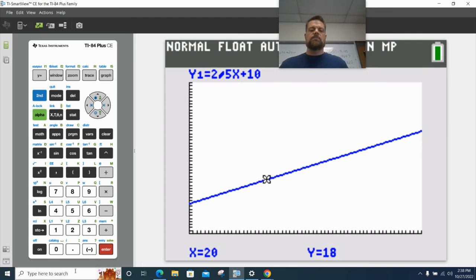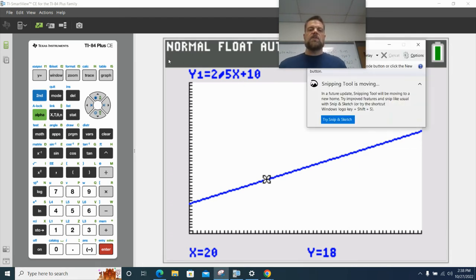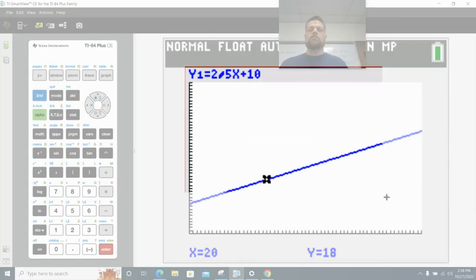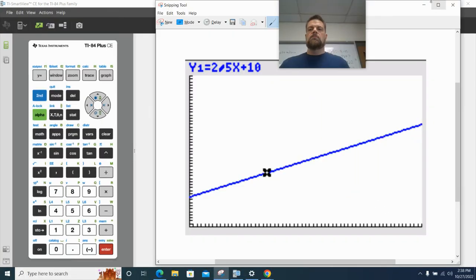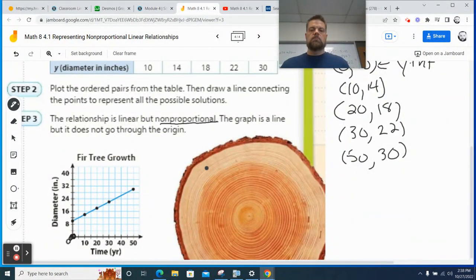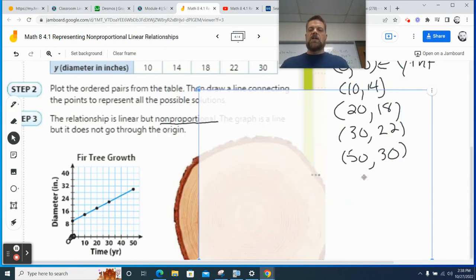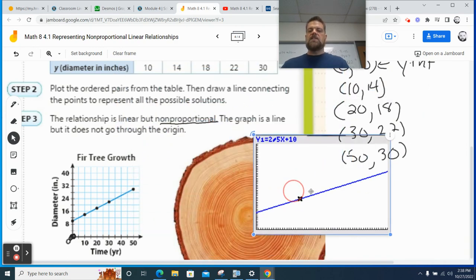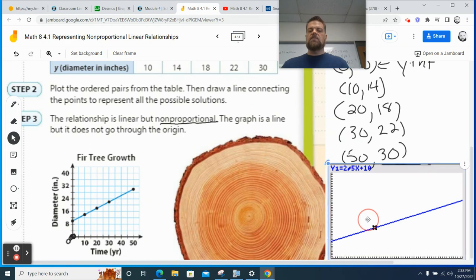Let me take a screenshot of this so we can see what this looks like. And it matches up perfectly. We said that at 20 years it'd be 18, right? Well, that's exactly what the graphing calculator said.